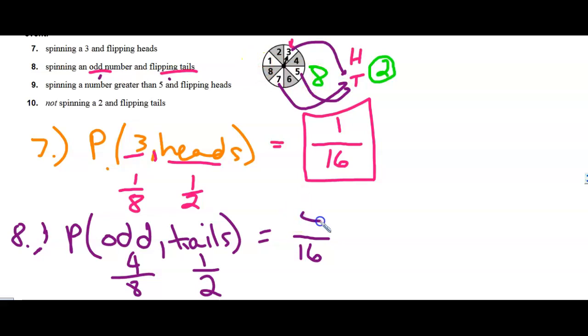So there's 4 possible combinations out of 16 total that we want to happen. Reducing this, it's 1 out of every 4 times we would expect to spin an odd number and flip tails, or 25% probability.